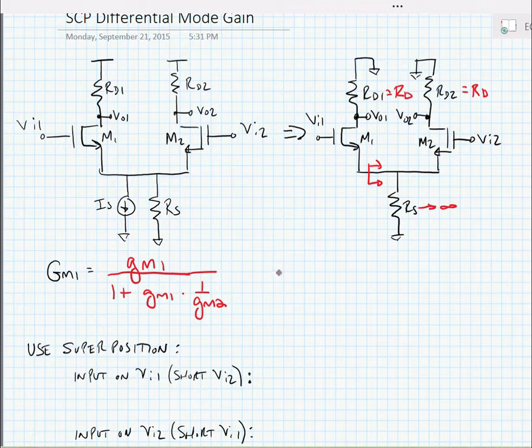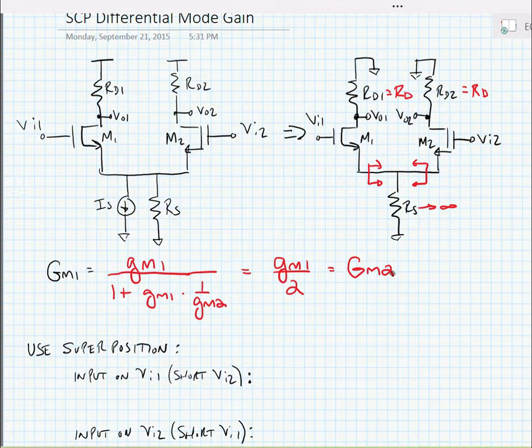Now, since these two transistors are equal to one another, their little gm's should be equal because the current flowing through them should be equal. So we can similarly say that big GM1 is equal to little gm1 divided by 2. Now, because of symmetry, if we looked from the source of M2 towards M1, things would be the same. So we can say that big GM1 is equal to big GM2.